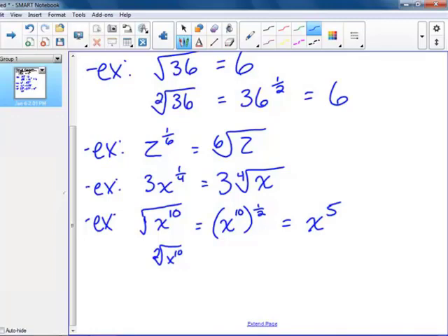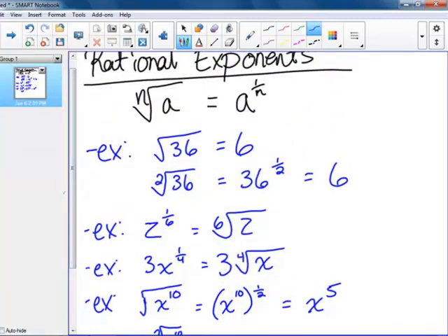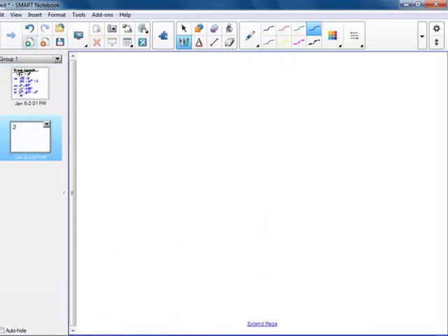Okay, so now let's go a step further. So right here we had the nth root of a is a to the 1 over n. Now what is the exponent of a? In this case, this is like a to the 1 power. So we're going to add something here. If we had the nth root of a to the m power, so now we have an exponent inside the root, a to the m power.